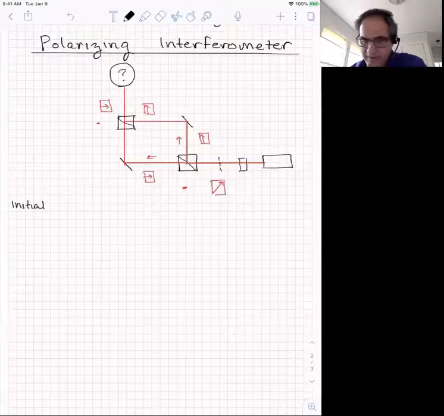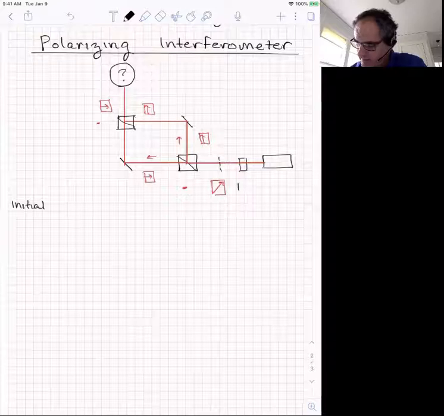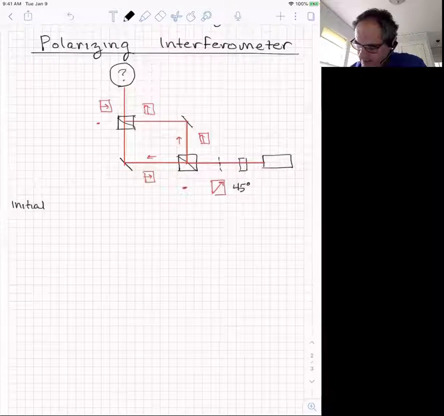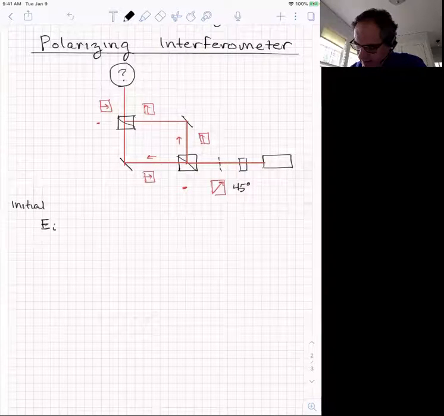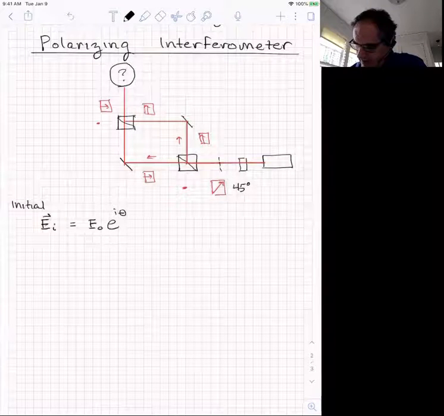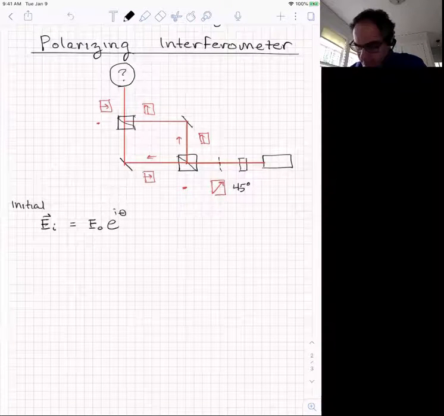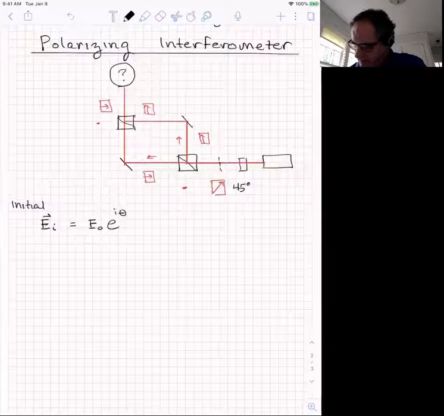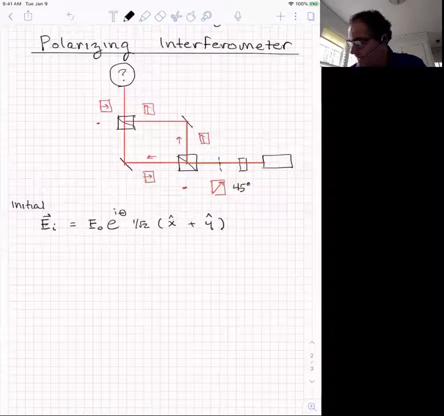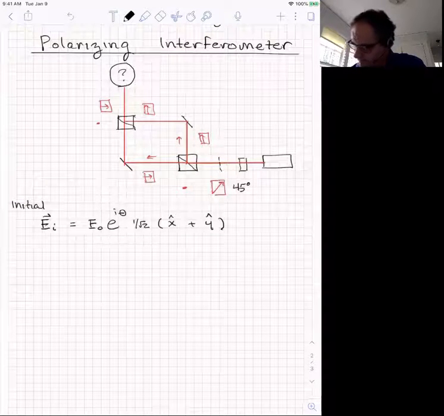Let's suppose that the polarization rotator is set so that the initial polarization direction is, say, 45 degrees. Then the initial state of the light would be its amplitude times e to the i theta, the phase term, times the polarization vector, which is 1 over root 2 times x hat plus y hat, for something oriented at 45 degrees.